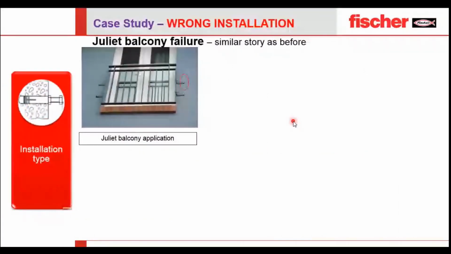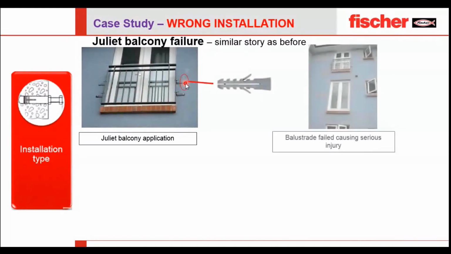Now, moving to wrong installation. When we say wrong installation, which most of us face on site, let's take a real example of a Juliet balcony failure. You can see a very beautiful balcony over here. You can see how the installation has been done. Let's look deeper. A plug was used for the installation, but this balustrade failure caused serious injury.